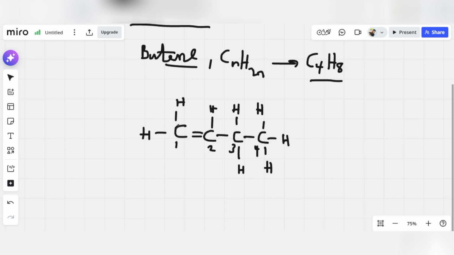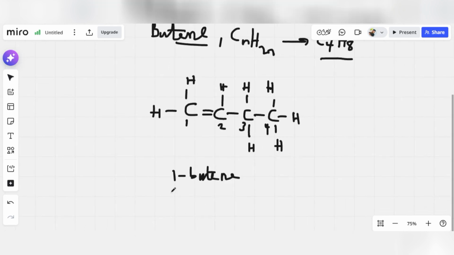So because this one belongs to carbon 1, if you want to name it, you can say the name of this structure is 1-butene. But this is not the standard way, or you can write it in a standard way, with the 1 in, showing that your double bond, ENE, is at carbon 1.